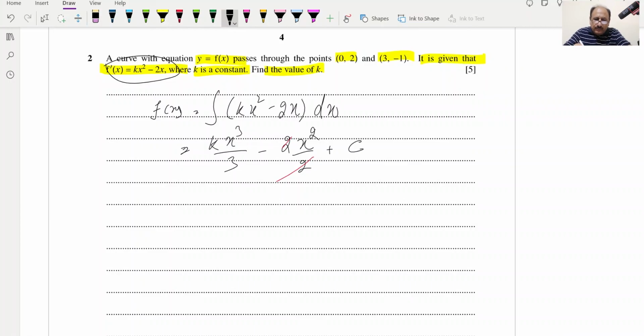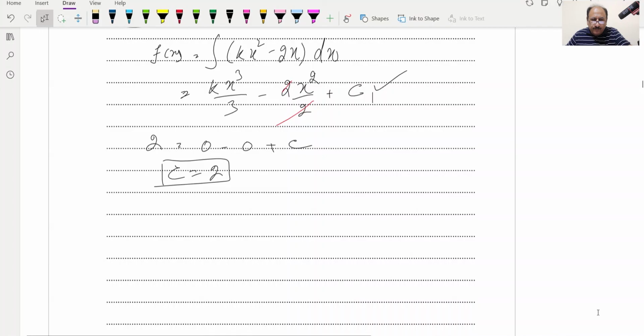To find the c value, we can replace the 0 and 2 point. So y value, which is 2, is equal to 0 minus 0 plus c, so c will be equal to 2, and we replace this value in the equation.